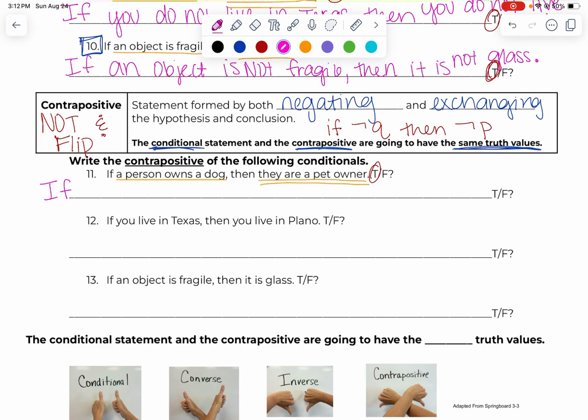So if we have to add the word not to the conclusion, they are not a pet owner, then we have to add the word not to the hypothesis.